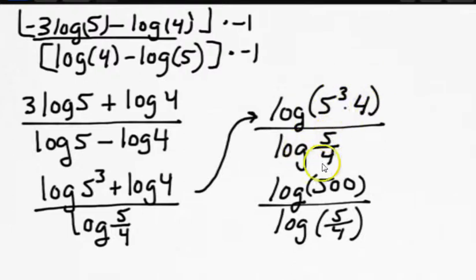And this is log of 5 over 4, so that becomes log of 500 over log of 5/4. So all of this simplifies to this form. That's why the calculator did that. It just automatically simplifies that for you. It's interesting to see how your log properties are at work there. I just wanted to show you that.